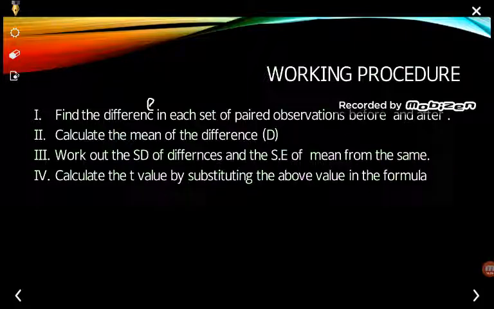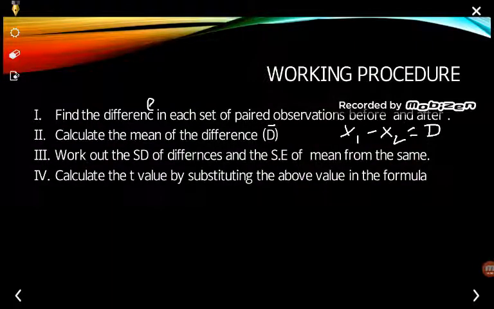Consider that variable x1 is the before variable and x2 is the after variable; then we have to find the difference between the before and the after variable. So the first step is to find the difference in each set of paired observations before and after the play.